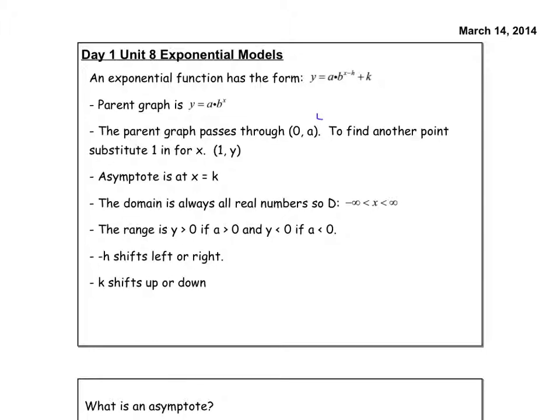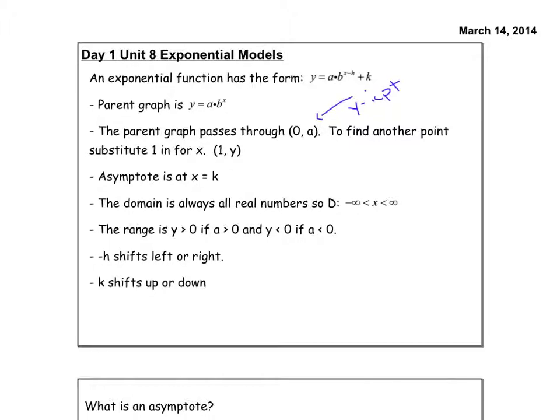So this point here, that's our y-intercept. (0, a) is always going to be the y-intercept. It's where the parent graph will pass through the y-axis. Then, to find another point on that graph, just substitute 1 in for x and simplify to get what y is.